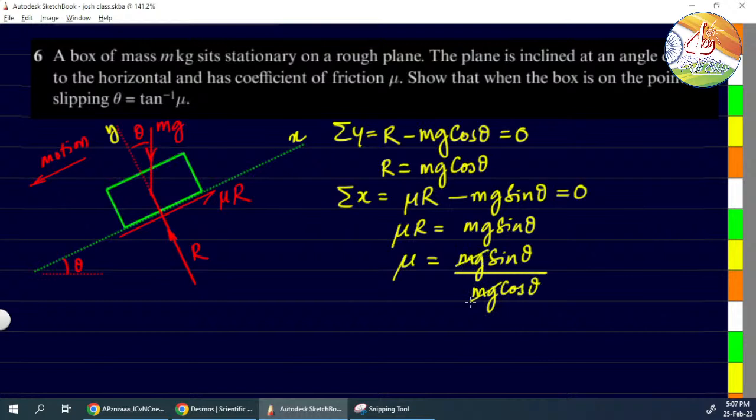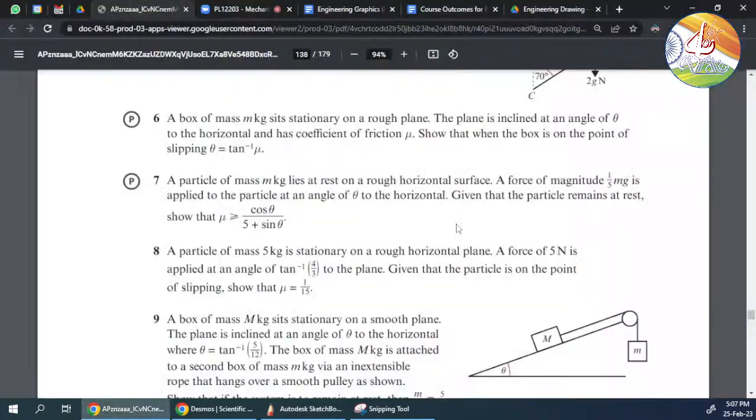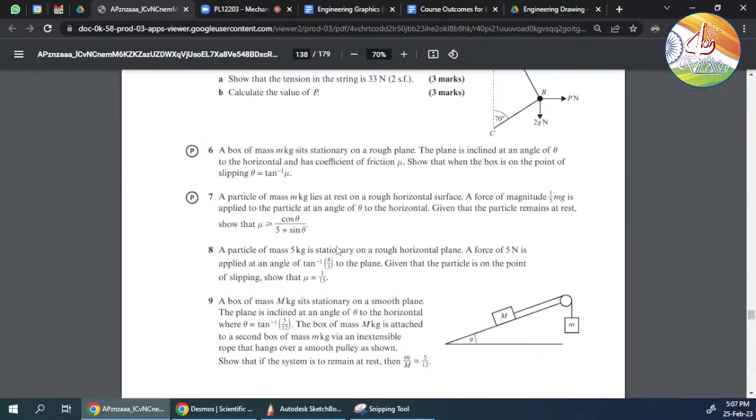The mg will cancel. Sin theta by cos theta is tan theta. So that proves that theta is equal to tan inverse mu. Hence proved. Any doubts here? No. Next we have the seventh one.